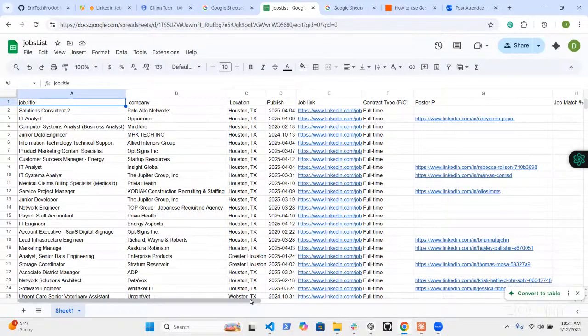Sometimes what they give you may not do exactly what you want it to do, but you keep tweaking it, you keep telling it this is what I want and this is what I don't want, and eventually you'll get the right code. They do a very good job at it, so that's what I would use.